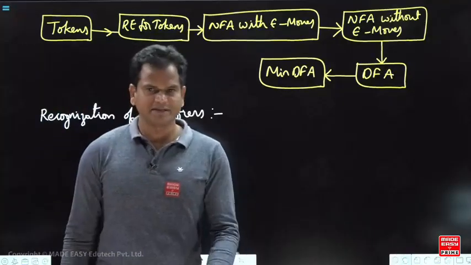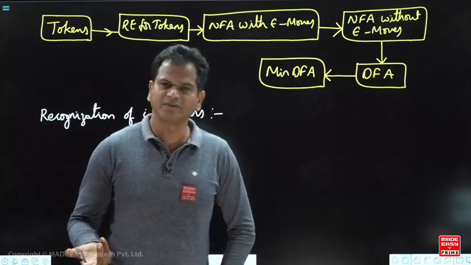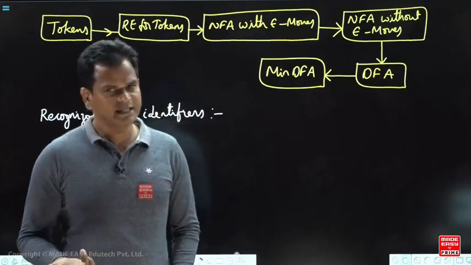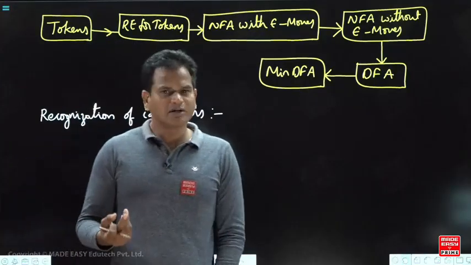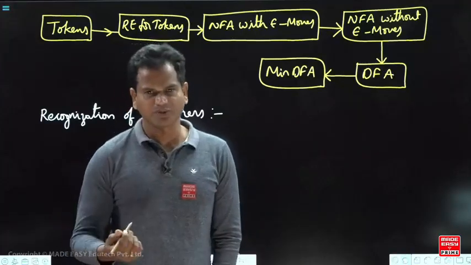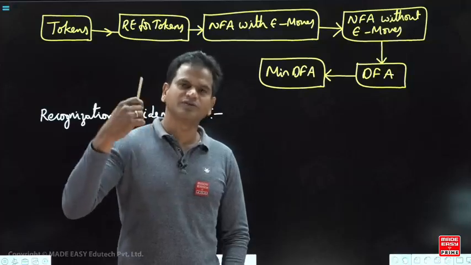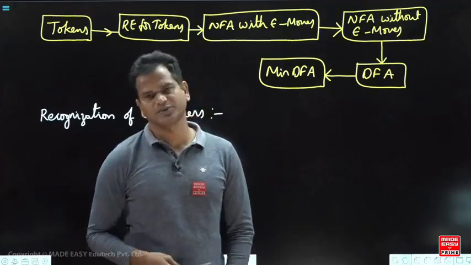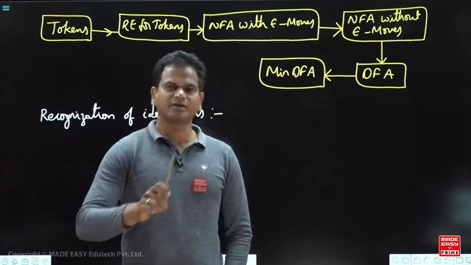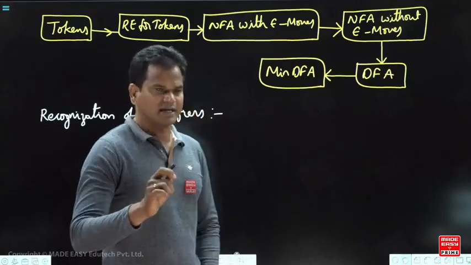An identifier, generally, what is an identifier? A combination of alphanumeric symbols, and the special symbol that can be used is underscore. So an identifier can be any combination of alphabets, numericals and also underscore, but the first symbol must be either an alphabet, that is a letter, or underscore.